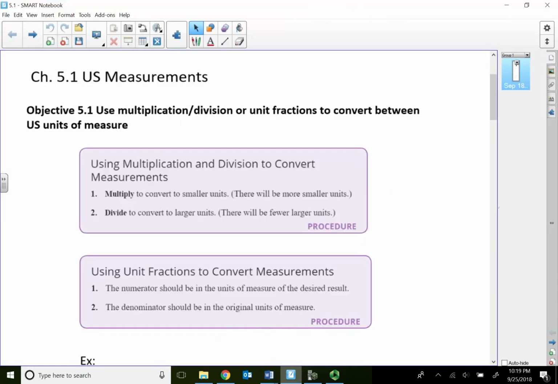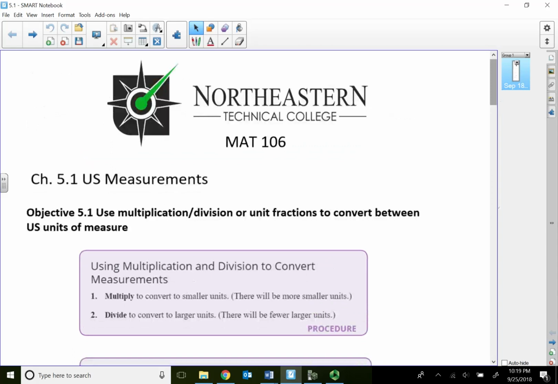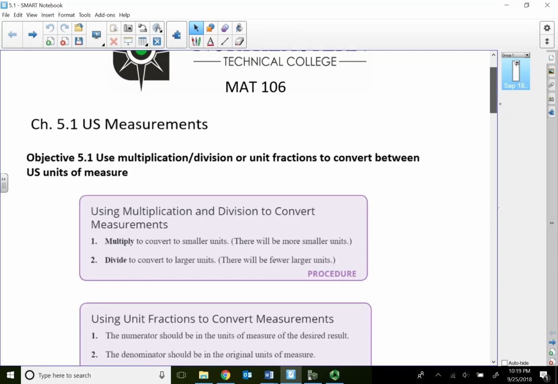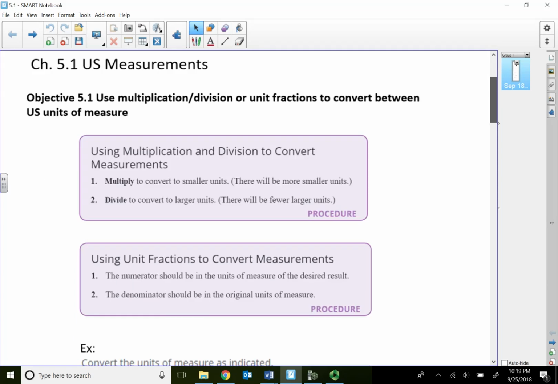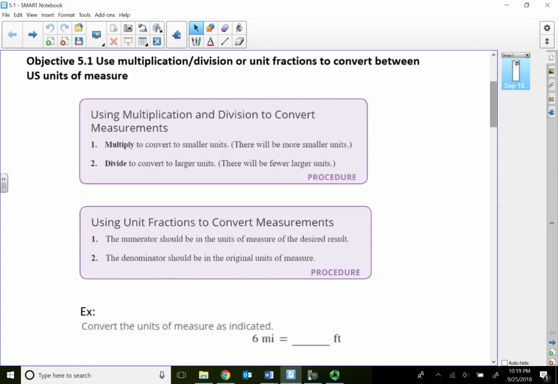Basically, when it comes to conversion, whether it's US measurements or metric, there are two techniques we can use. One of them is what I call the shortcut version. Another way is using something called unit fractions.